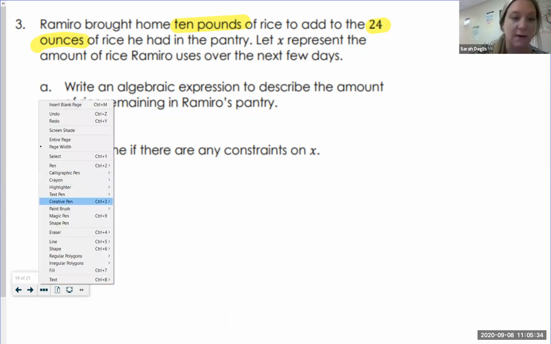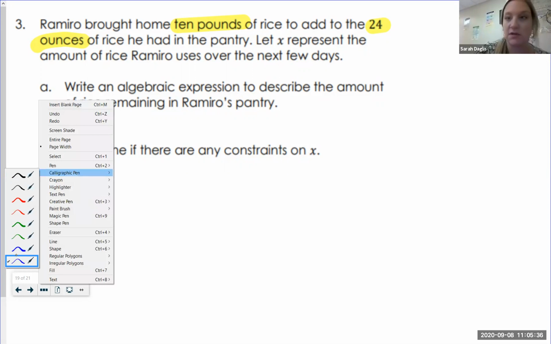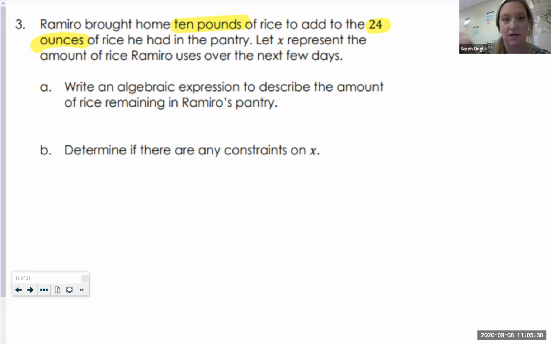So we have 24 ounces, and I need to convert that to pounds. Okay, well, what do we know? Hopefully we know, or if not, Google is a good thing right here. To convert, there are 16 ounces in 1 pound.